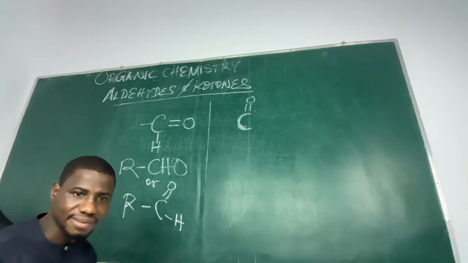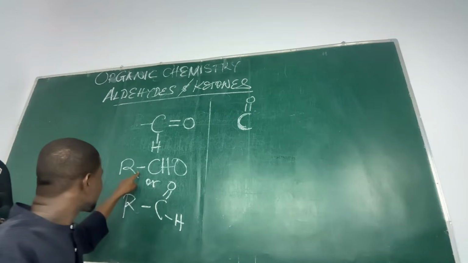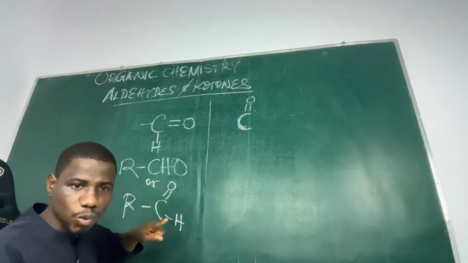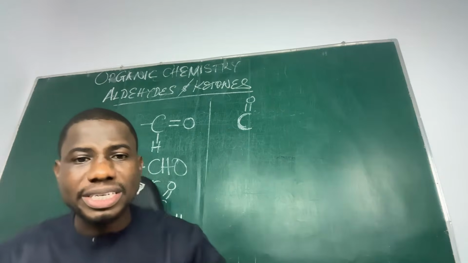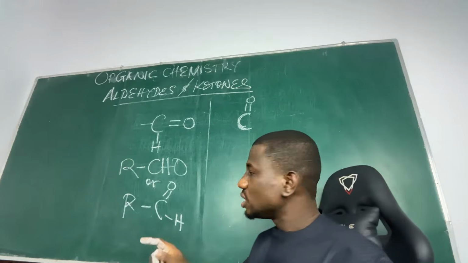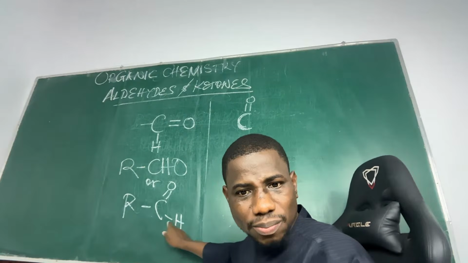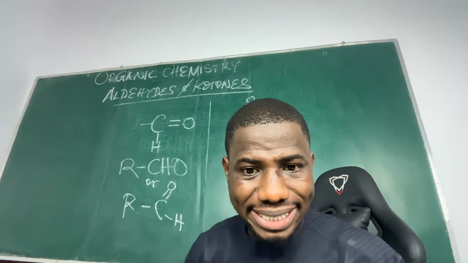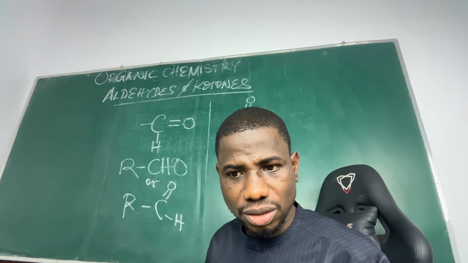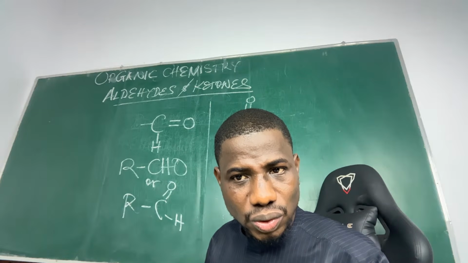Are you with me, please? So we have this RCHO and we have this RCHO as well. Once the carbonyl group is bonded to at least one hydrogen atom, that carbonyl group will form an organic compound called an aldehyde. Does that make sense to you?